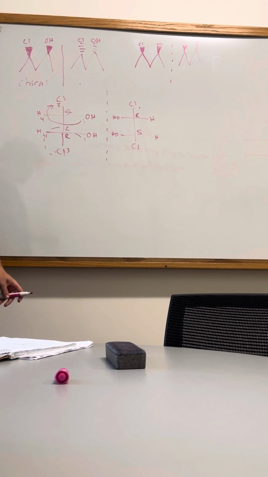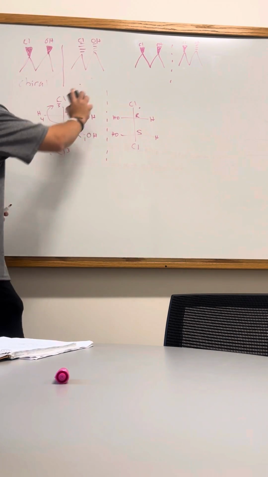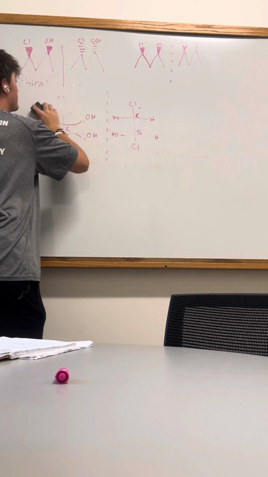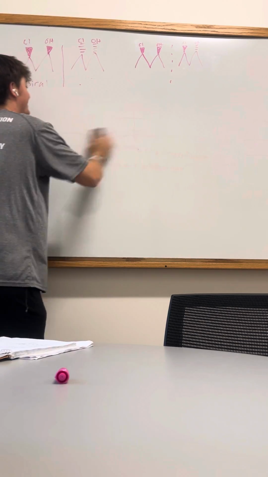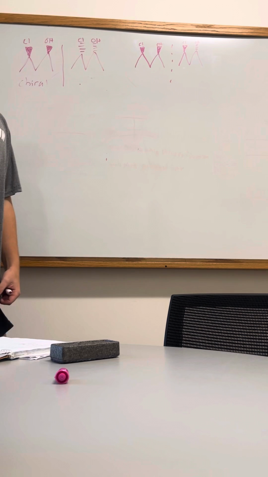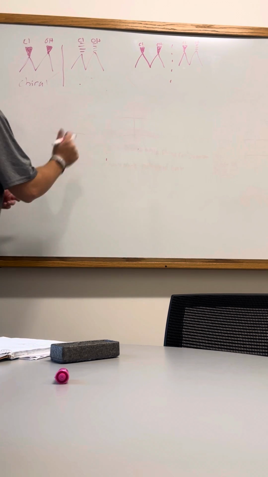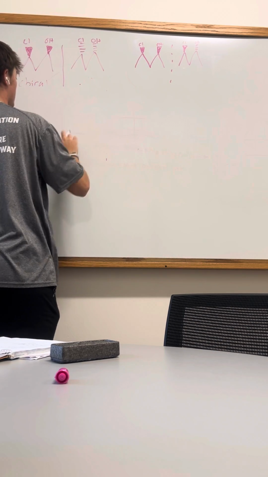Hold on, I screwed up. Let me restart this. What I did wrong was I tried to look up a video and it screwed me up to explain it, but we're going to redraw this really quick.